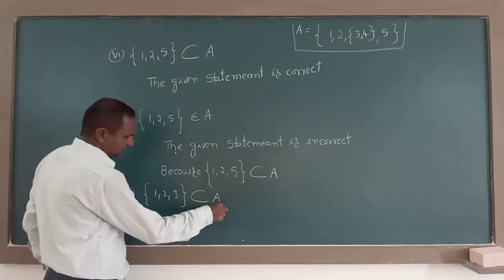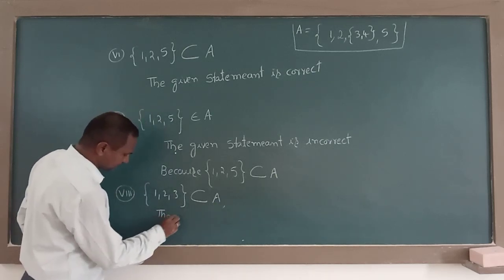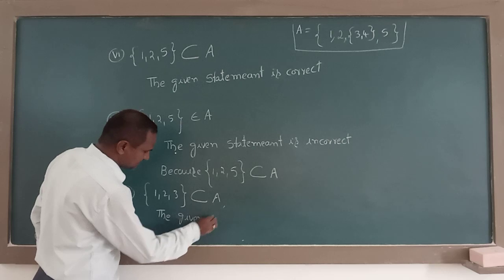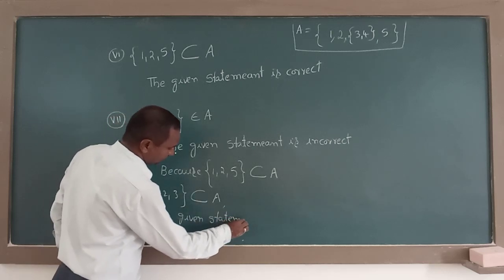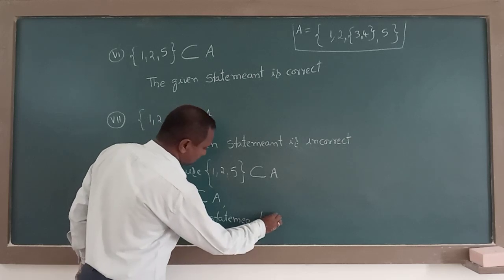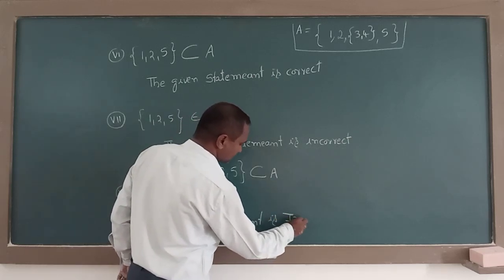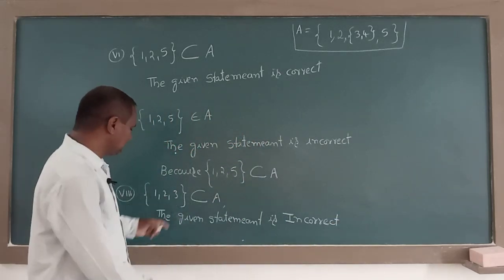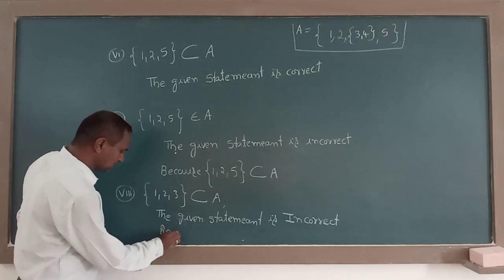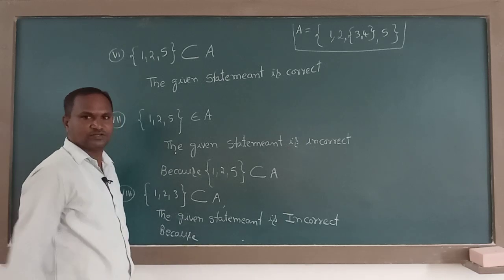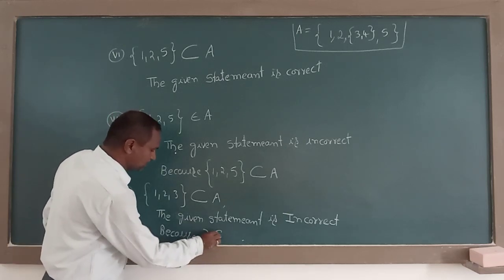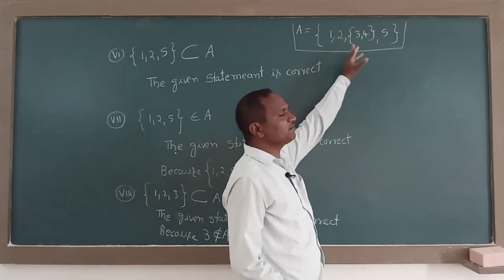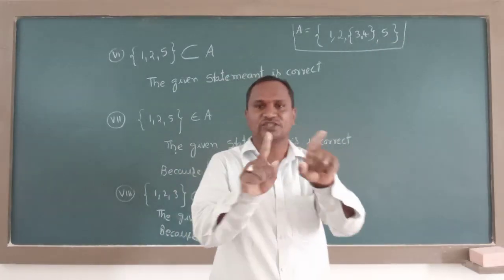The given statement is incorrect, because 3 does not belong to capital A. Independent 3 does not belong to capital A. 3, 4 we are going to consider as one element.